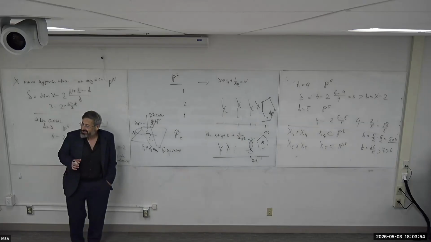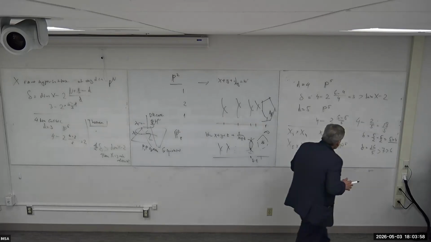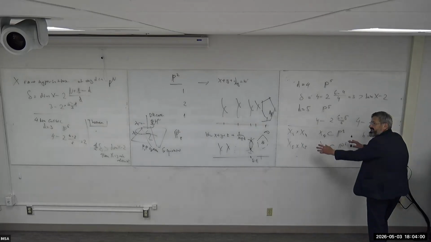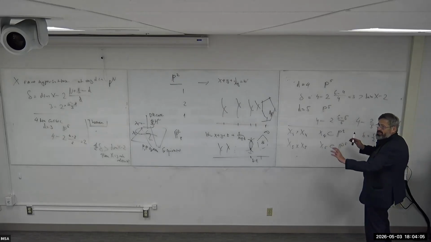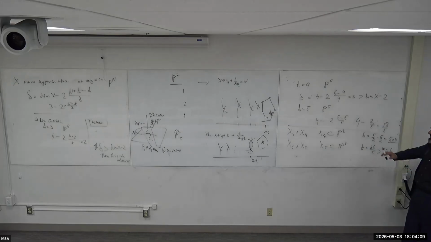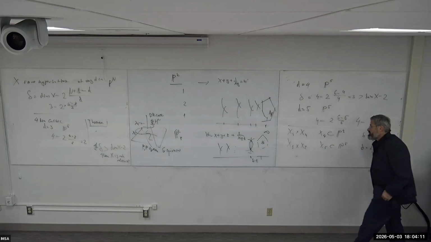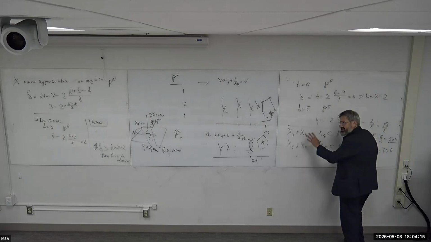This method is going to work for all different kinds of products as well, and the dimension just gets bigger and bigger. I'm not saying anything about rigidity, but you can prove non-rationality.